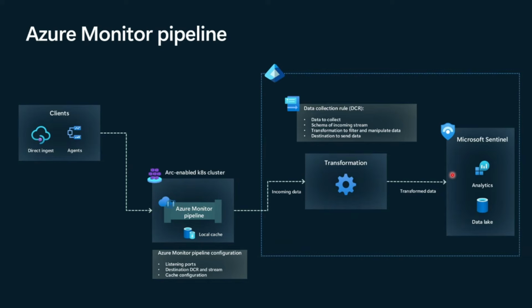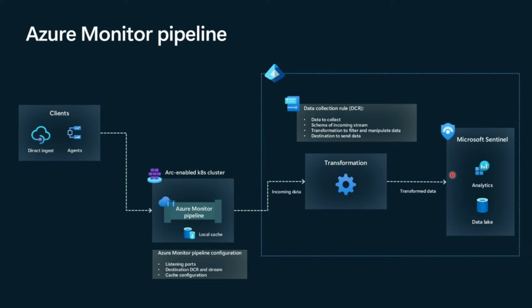Second is the destination DCR and stream, which tells it where exactly it has to ingest the data. And the last is a caching configuration, the similar thing that I just mentioned previously in the scenario, where you're able to specify your persistent volume storage for this as well. And this entirely is our Azure Monitor Pipeline configuration.